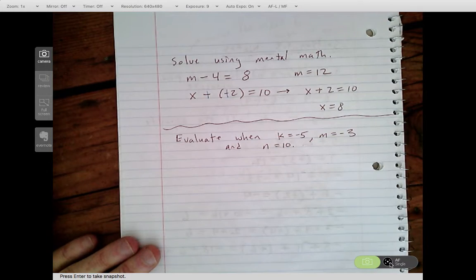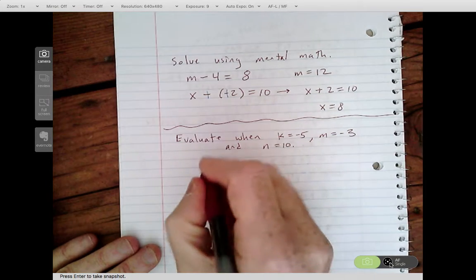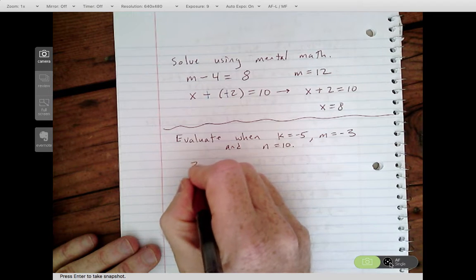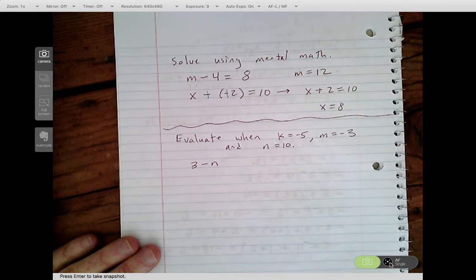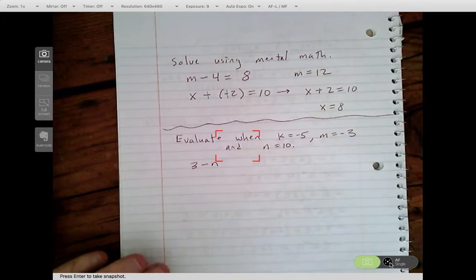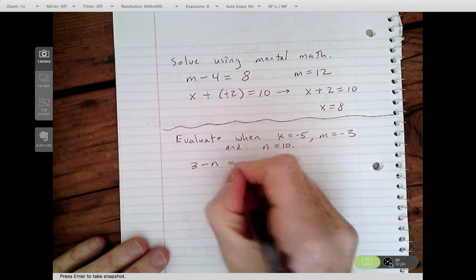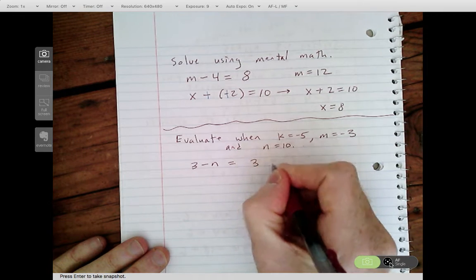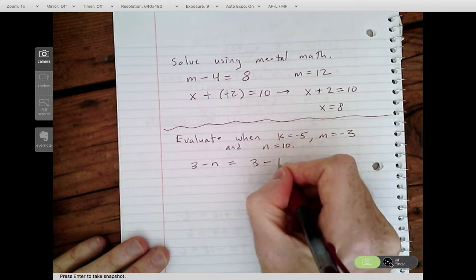Okay, those are the three letters we're going to use. So here's the first one, 3 minus n. Okay, so 3 minus n is the same thing as 3. Let's substitute for n. I'm going to put 10 in there.